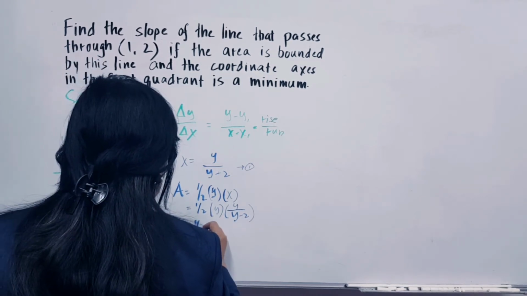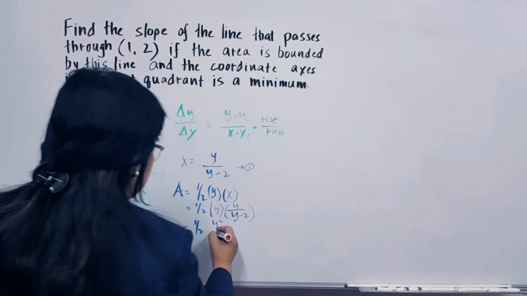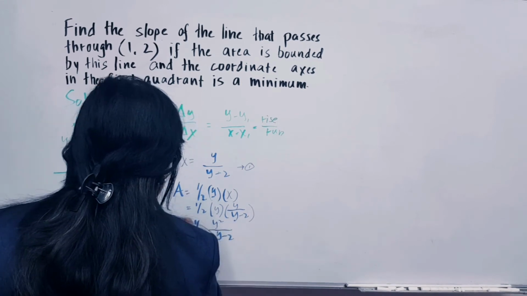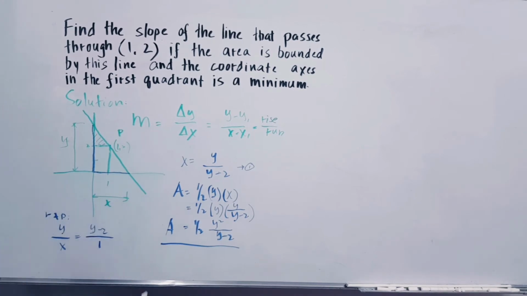Therefore, we simplify this: 1/2 y squared over y minus 2. This is the area. Now, it is written here that in the first quadrant, this is a minimum.